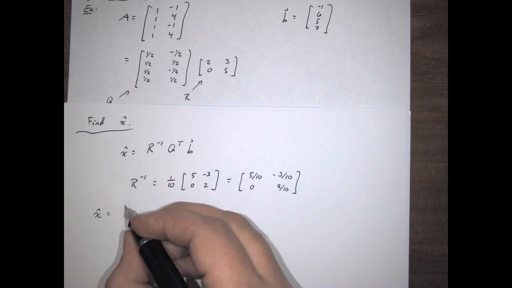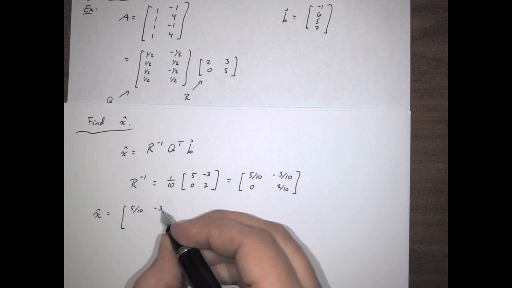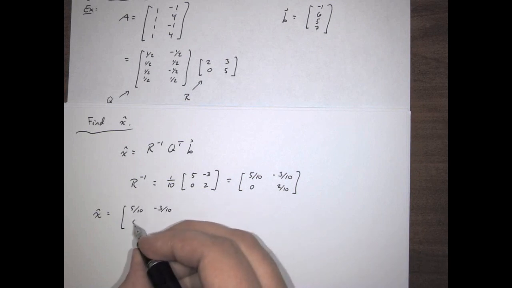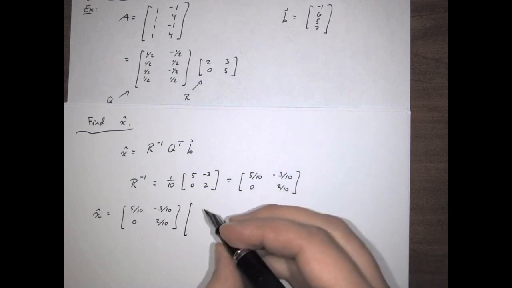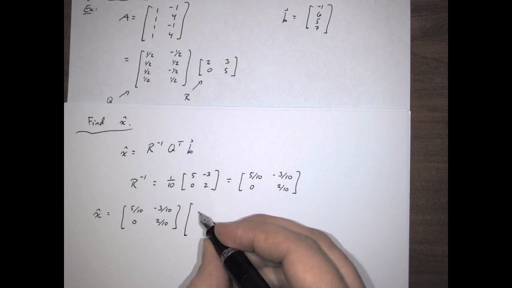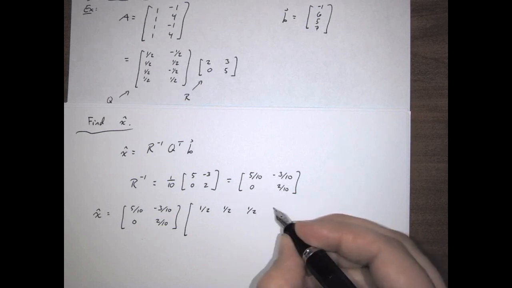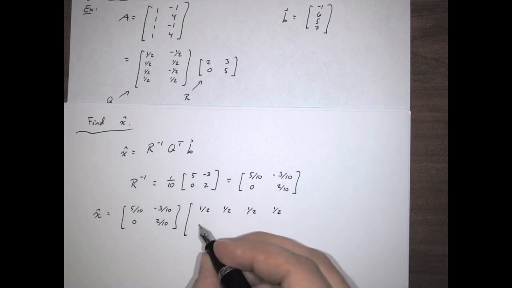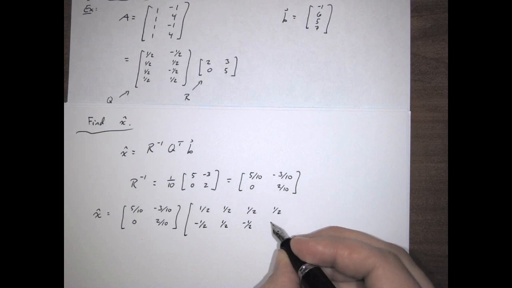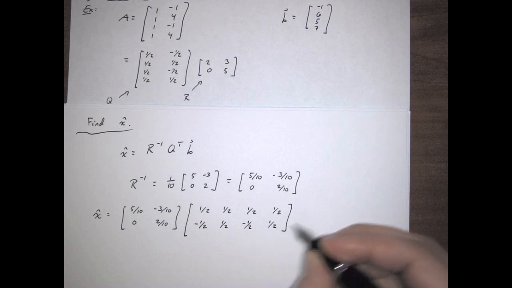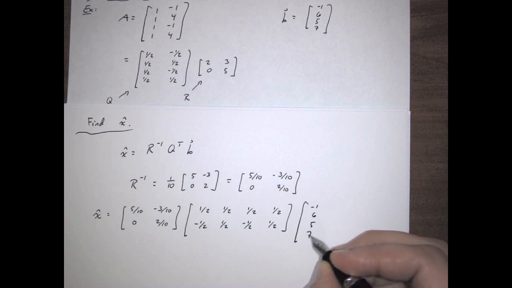So then x hat is going to equal 5/10, minus 3/10, 0 and 2/10, times, and then here the Q transpose is going to be 1/2 all along the first row, and then on the second row it's going to be alternating -1/2, +1/2, -1/2, +1/2, and then times B: -1, 6, 5, and 7.